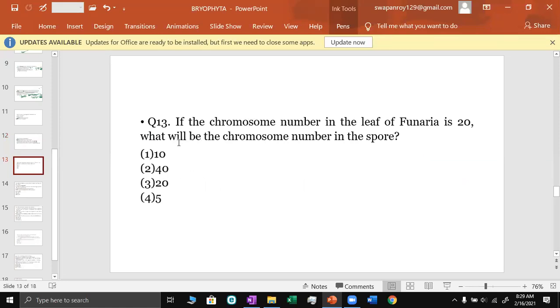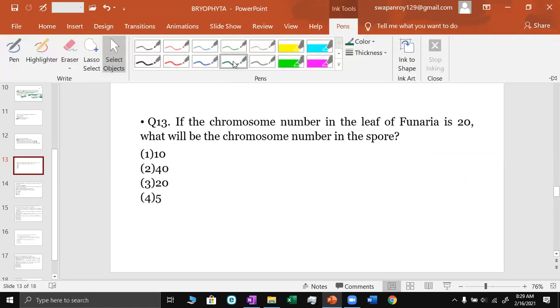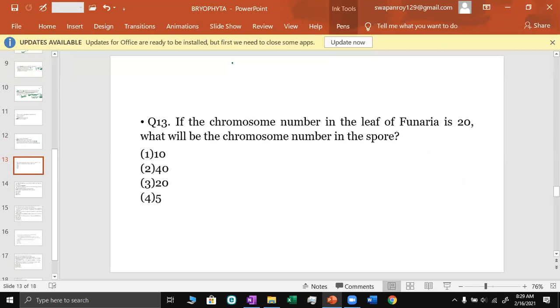Here is a tricky question. You can answer this from cytology, a general idea about cytology as well as the plant.